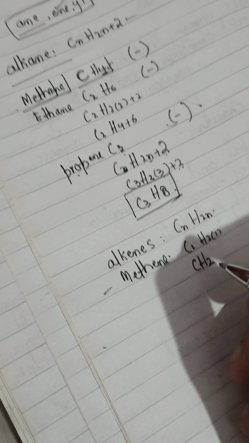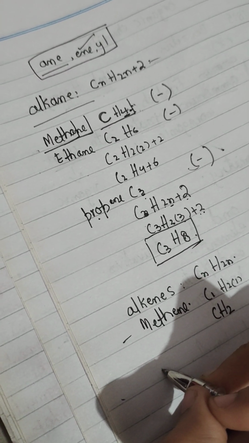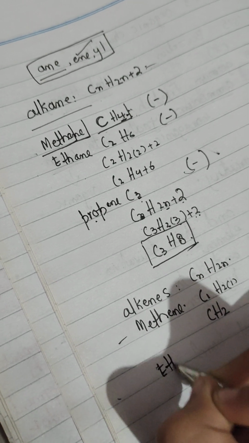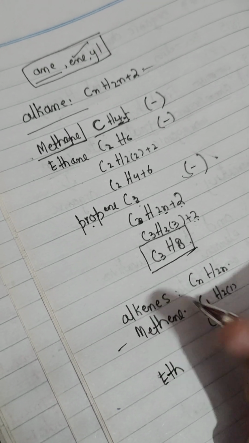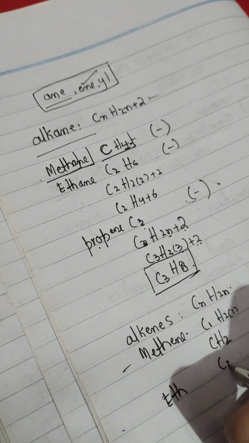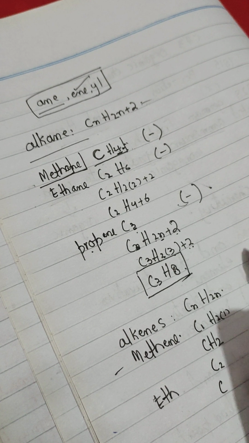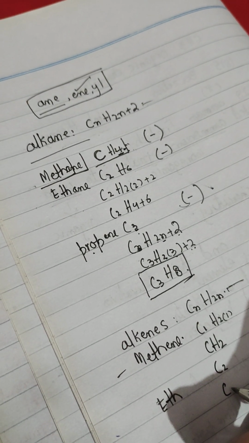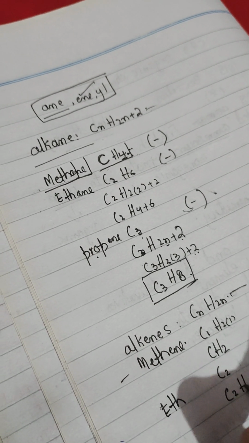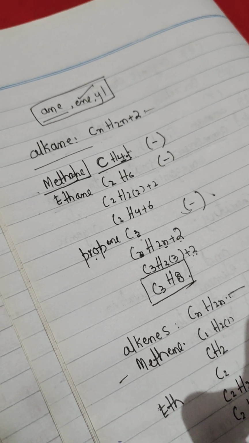Now this is the logic. You have to learn these by the logic. So now here we are taking eth. Eth contains 2 carbons, again 2 carbons. So we are writing the formula. Here is the formula: 2 times C, 2 2s are 4.